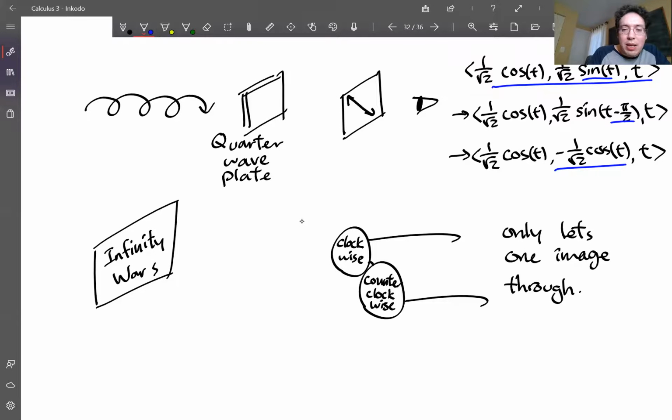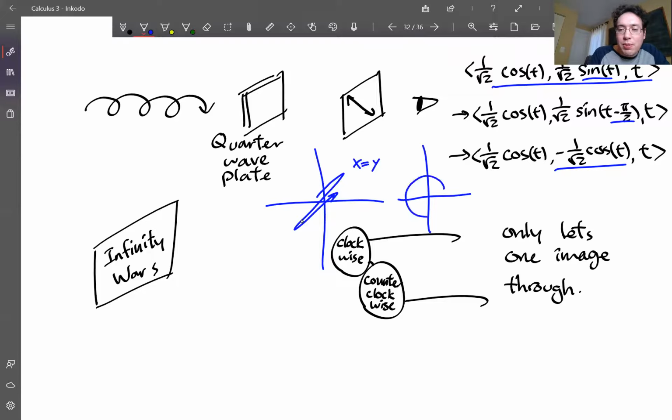So light that was polarized x equals y turns into circular polarization. And then after going through the quarter wave plate again, it's polarized in the other diagonal direction, x equals negative y, because of cosine and negative cosine here.